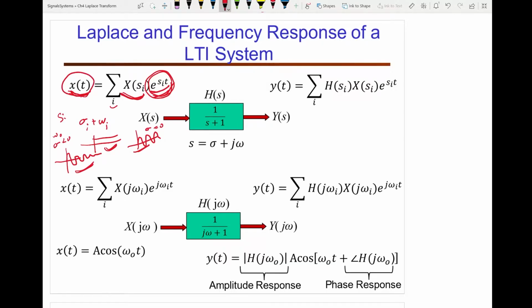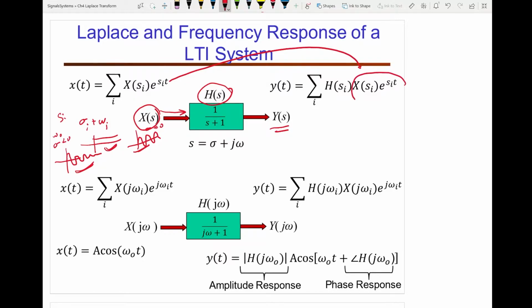Now, if this signal, x of t, represented in the Laplace domain, is the input to this system with this transfer function, the output will be exactly the same as the input here, but each component of the input will be processed by this transfer function.